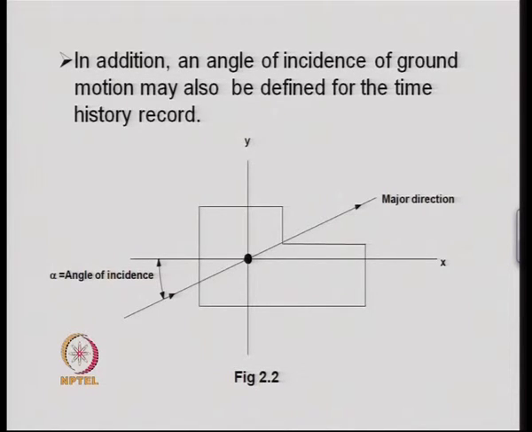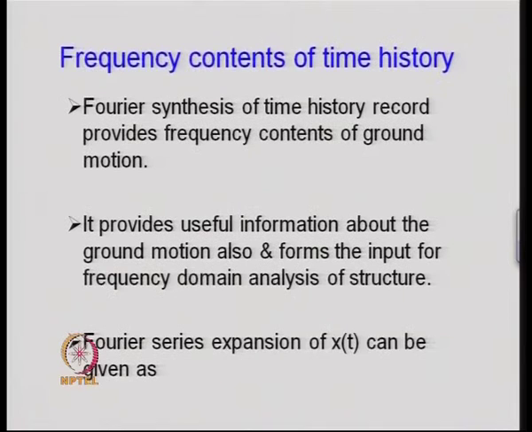For example, in figure 2.2, one of the principal directions of the structure is lying along the x direction, and alpha is the angle of incidence, that is, the major direction of the earthquake ground motion or the seismic wave propagation is at an inclination of alpha with the major axis.